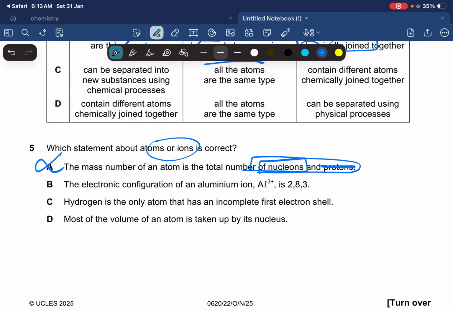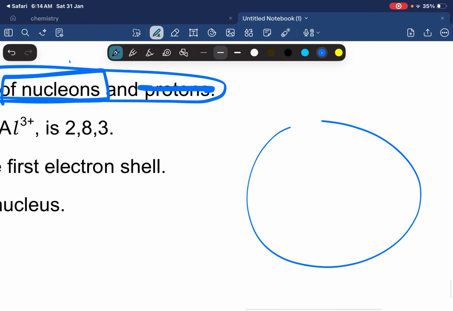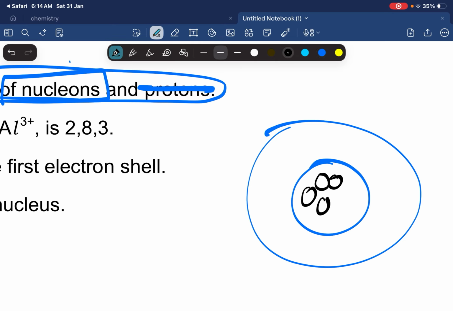Why? Nucleons is basically, this is your atom and that's the nucleus. Now, with black, I'm going to be showing the protons, okay? It has 1, 2, 3, 4, 5, 6 protons, right? We can assume it's a carbon atom. And with red, I'm going to be showing the neutrons. Let me draw.